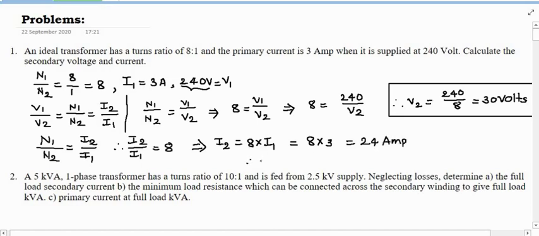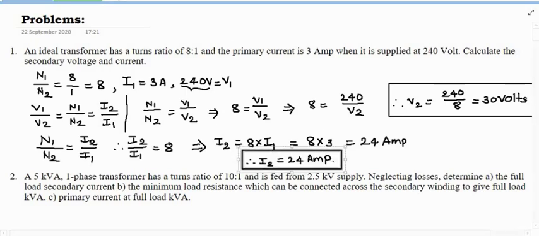Therefore, my I2 will be equal to 24 ampere. So just from the transformation ratio or the turns ratio, we got the answer for the secondary voltage and the secondary current. Let us move to the next problem.